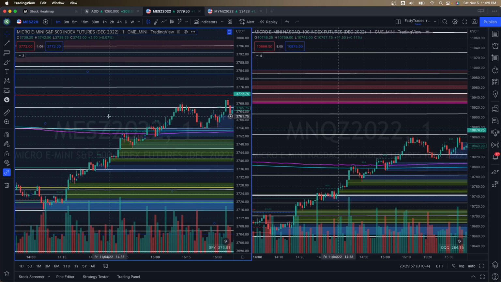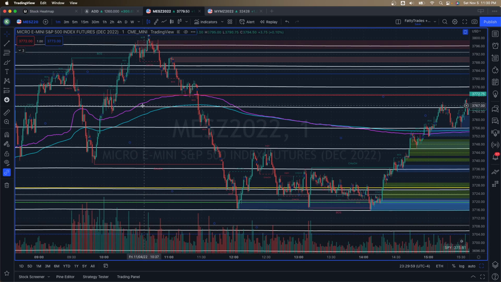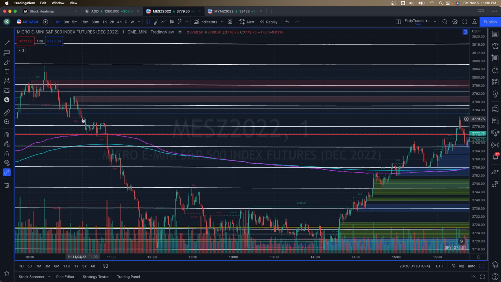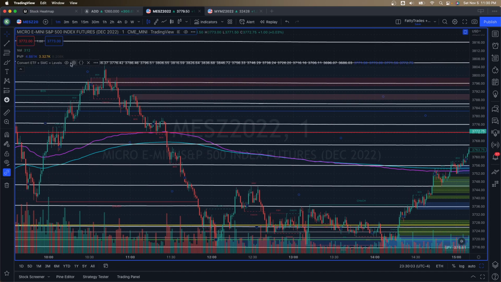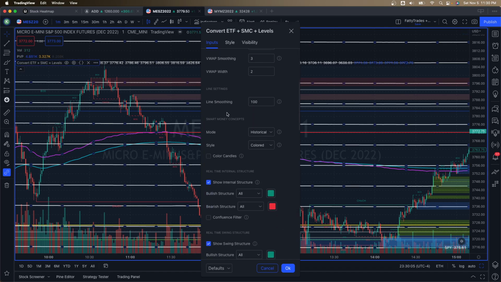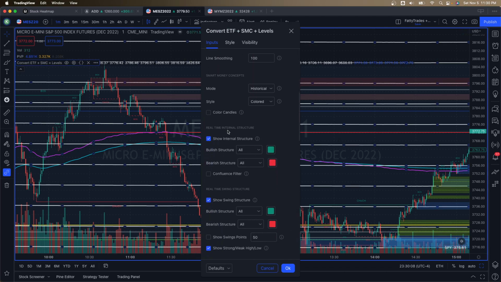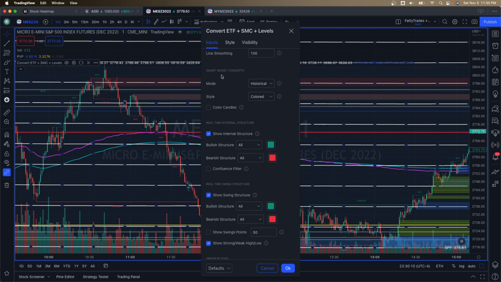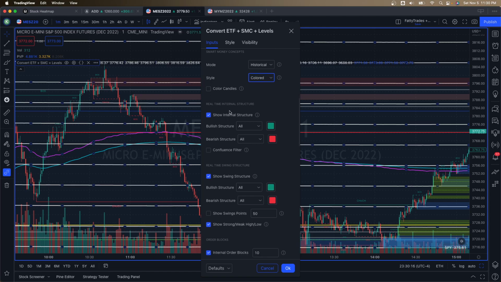So let's talk about those fair value gaps and the other smart money concepts that I'm showing here. So if we go back into settings and we scroll down past the ETF conversions, so then we start getting into the smart money concepts. And there's things you can do here, change stylings based on trend, which I don't usually do.